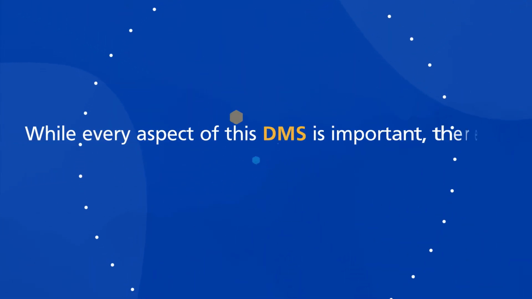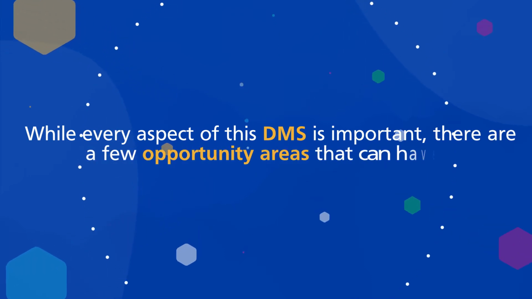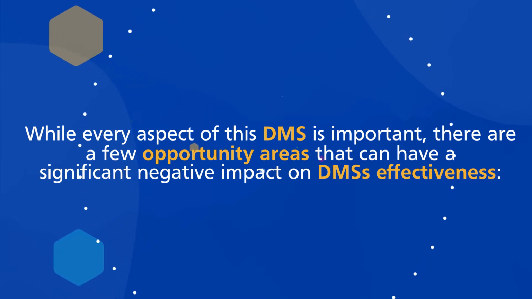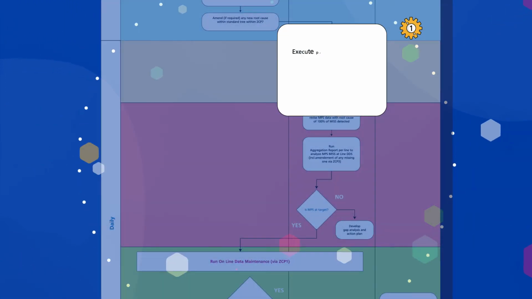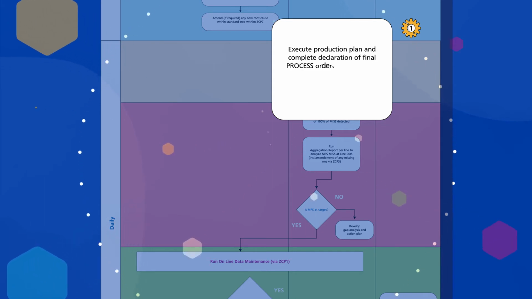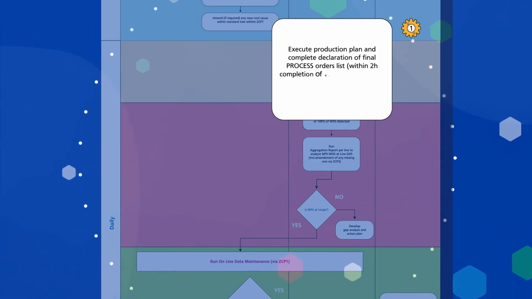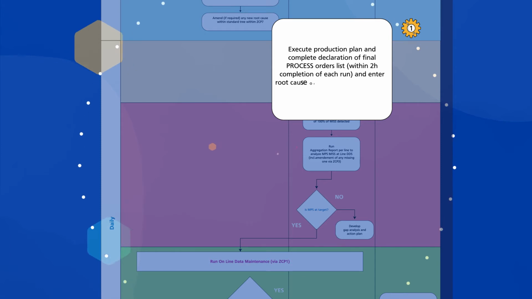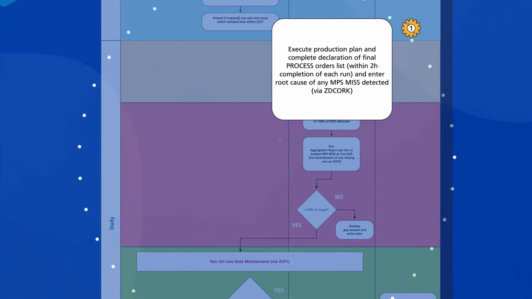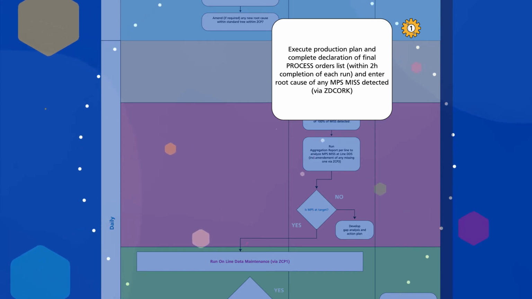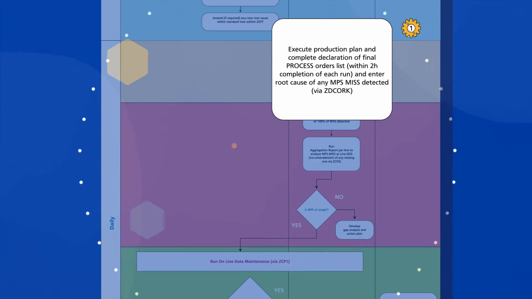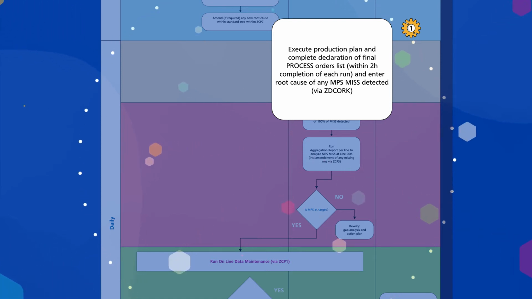While every aspect of this DMS is important, there are a few opportunity areas that can have a significant negative impact on the DMS's effectiveness. The first is where the production plan published in SAP via ZPRS is not consistent with POSS rules, also known as POSS deviation. This can be issues with sequence, quantity, or timing, or orders available in SAP but not part of the final production schedule.